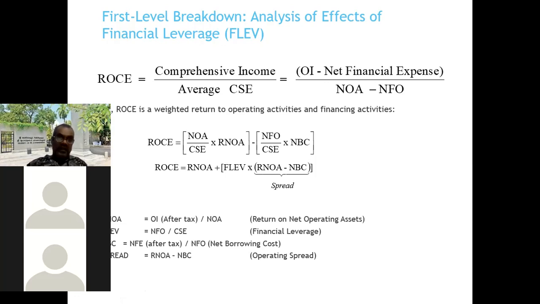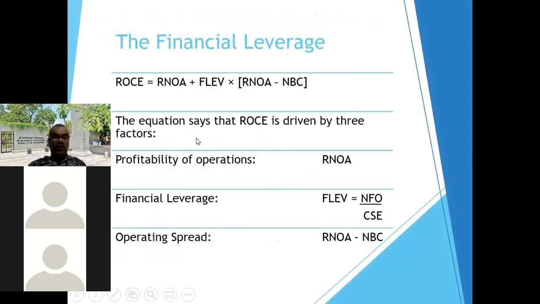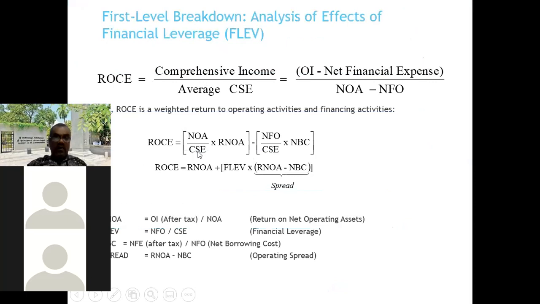Or in other words, when a company has borrowed money to run its operation, out of these two components, which one will be bigger, net operating assets or shareholders' equity? What do you think? I want to hear from everyone.